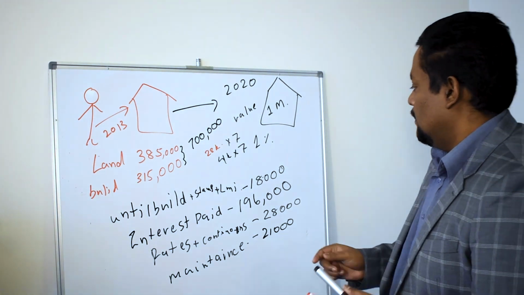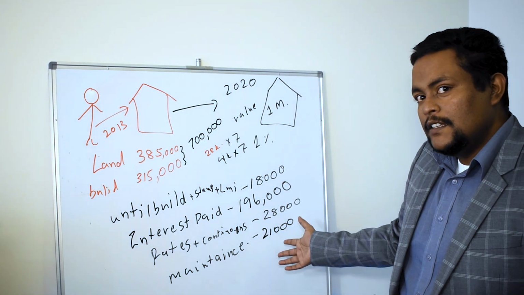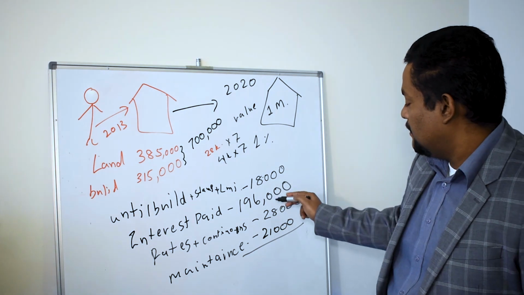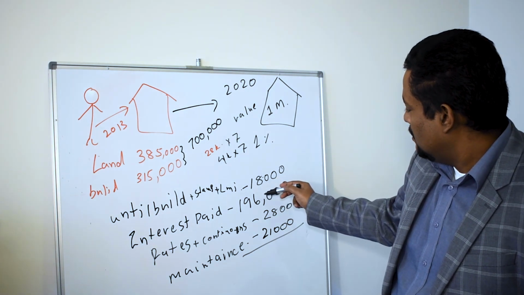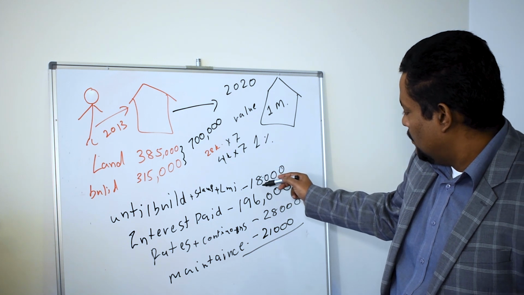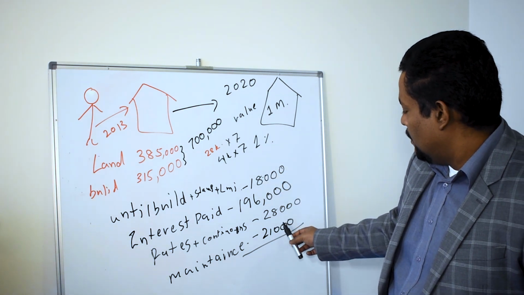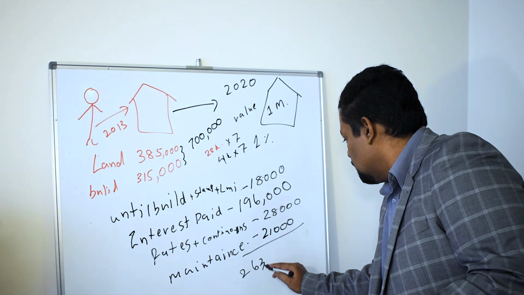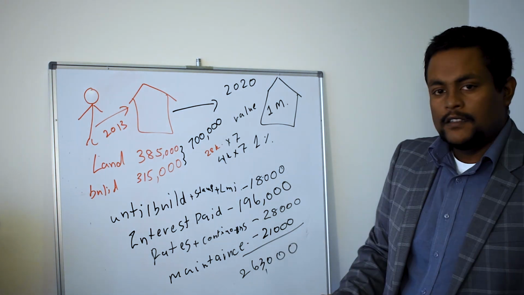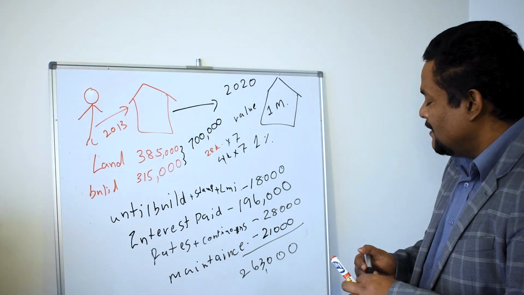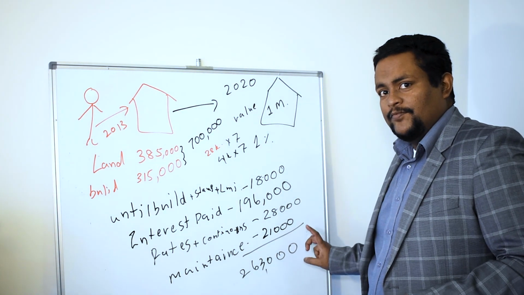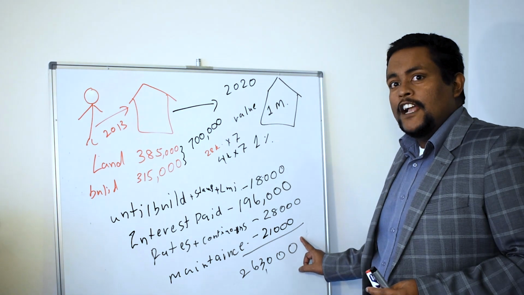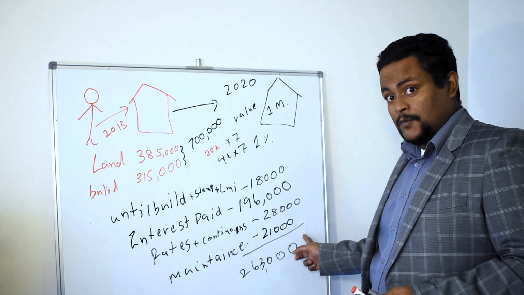Okay, so all these numbers add up. 18,000 plus 196,000 is 214,000, and then plus 28,000 and 21,000, we spent about 263,000 over these years. Plus, to make that money, he's a wage earner working 9 to 5, so he has to pay this amount after tax, not before tax.